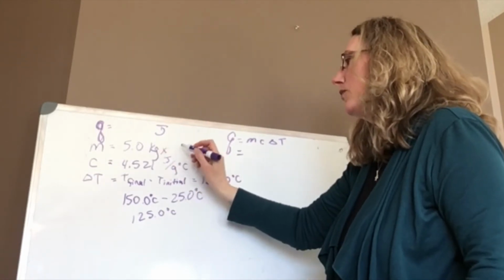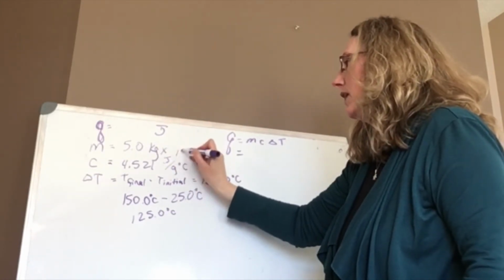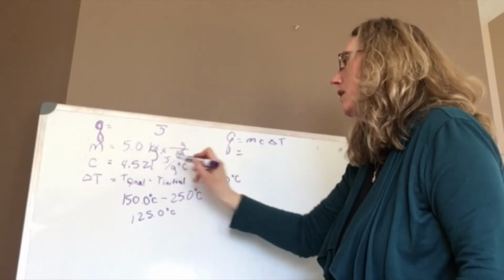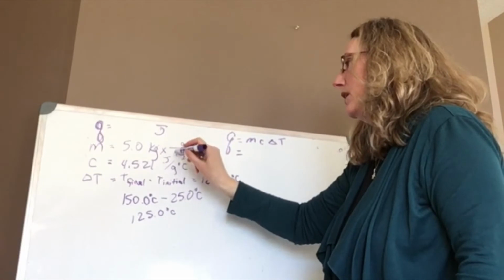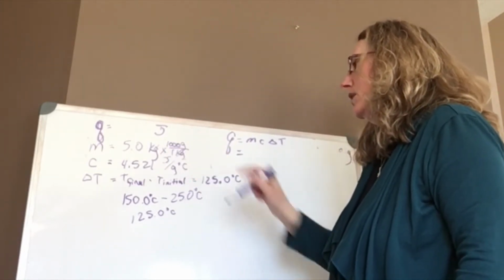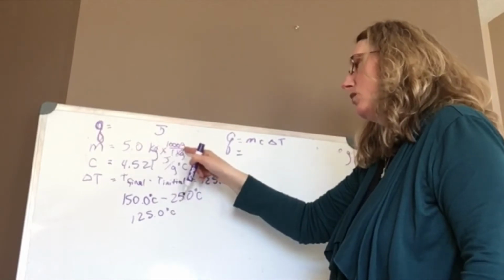If you don't remember how to move your decimal, I want my kilograms to cancel out, and I want grams to go on the top, and this has to be a true statement. There are 1,000 grams in 1 kilogram. So I'm going to multiply 5 times 1,000.